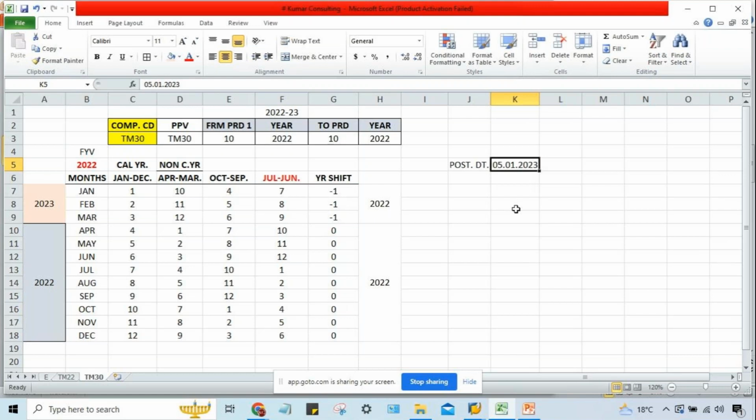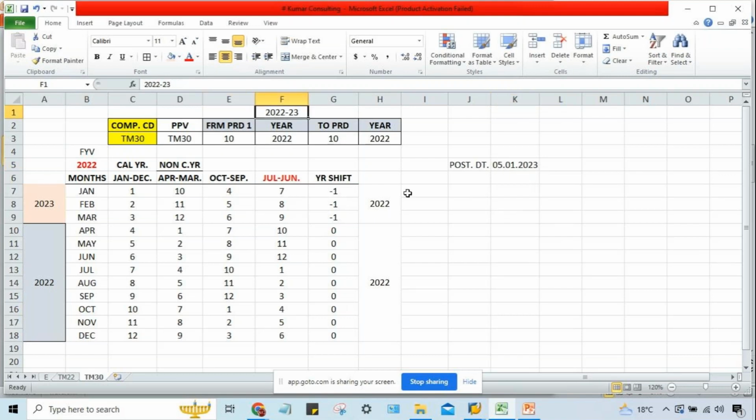And why is it required? Because when we use a non-calendar year, certain periods fall in the current year and certain periods fall in the next year, a different year. So this is a combination of two different calendar years, guys, in one financial year.